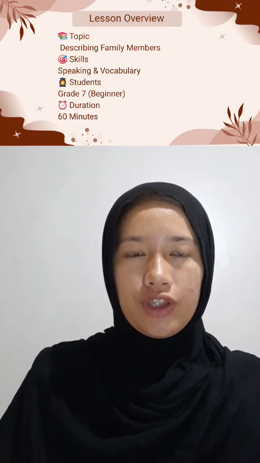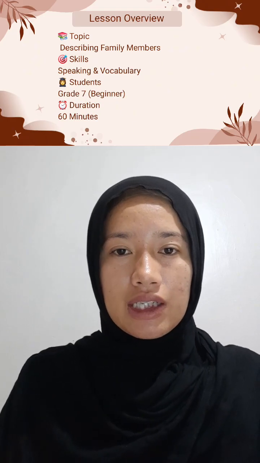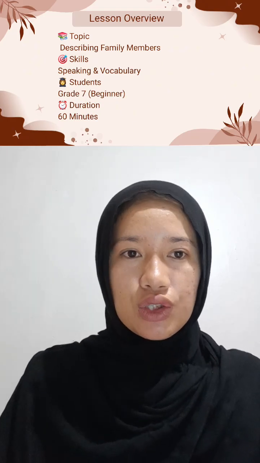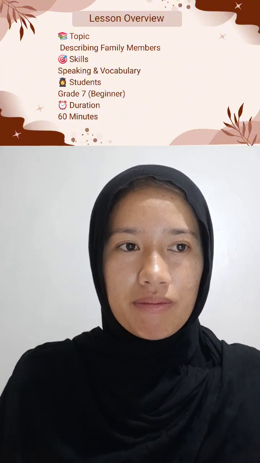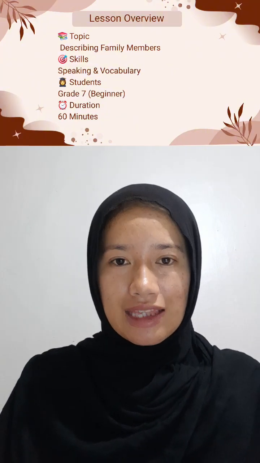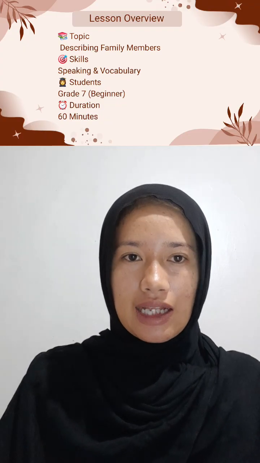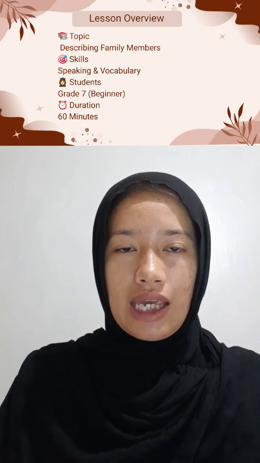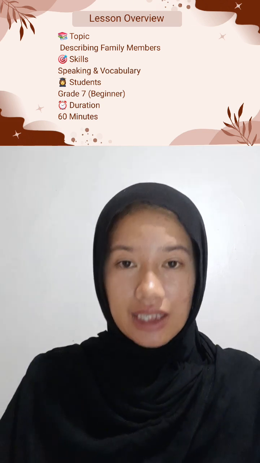The lesson overview. The topic is describing family members. Students will learn vocabulary related to family members and practice describing their family using simple English tenses. The skills. There are two main skills developed in this lesson.